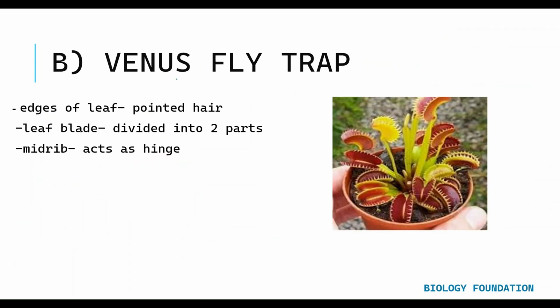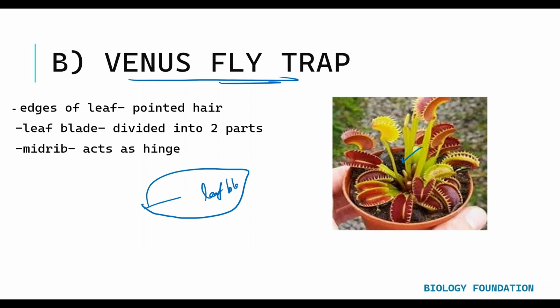Next example is Venus flytrap. This is another insectivorous plant. Can you see the plant here? Let's assume this is the leaf. This is the leaf blade or lamina. Now this leaf blade is divided into two portions in these plants. The midrib acts like a hinge, and the edges are modified into hair-like structures.